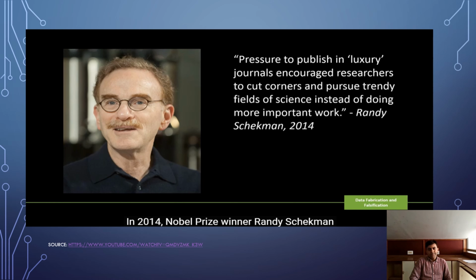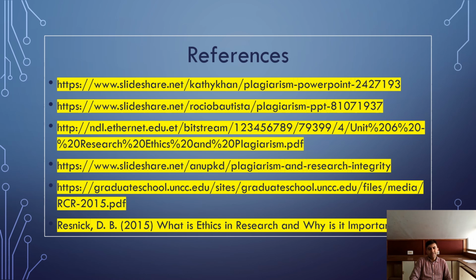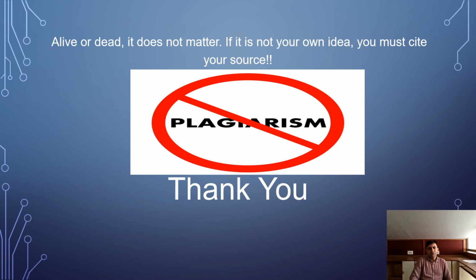So we have to publish and we forget the importance of the actual research work. These are the references. We have to cite everything from where we get the data. Whether the source is alive or dead does not matter. If it is not your own idea, you must cite your source.